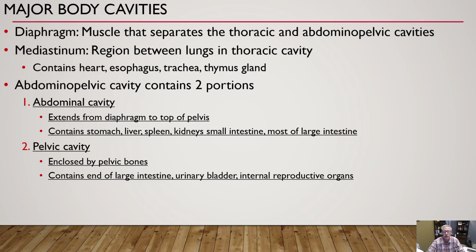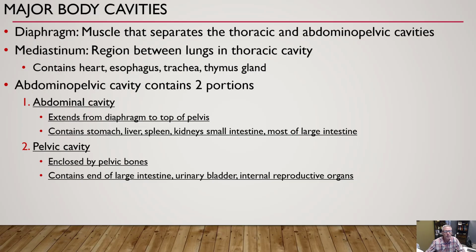And we also have this thing called a mediastinum, which is in between your thoracic cavity, and that's going to contain your heart, esophagus, trachea, and this thymus gland. And the interesting thing about the thymus gland, which I'll go off on a tangent a little bit, is that it's very prevalent as an infant. It provides a lot of immunity, but by the time you get to be an adult, about 80% of it is now fat, and it kind of shrinks up a little bit.